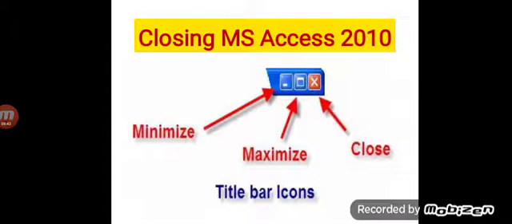The extension of the database file is .accdb. Whenever you are saving any file in MS Access, the extension is .accdb. So here we finish our lesson.